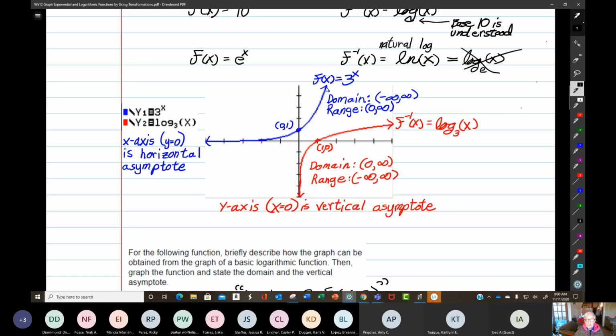So this is the graph of f of x equals 3 to the x, and this is a graph of f inverse of x equals log base 3 of x. They kind of face each other. Notice that the exponential function crosses the y-axis at 0, 1, and the logarithmic function crosses the x-axis at 1, 0. They trade domains and ranges because they're inverses.